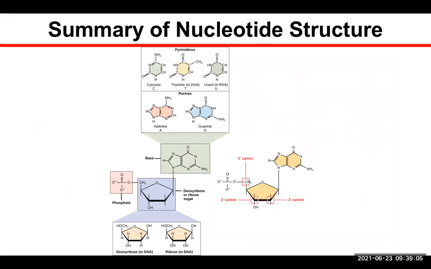For study purposes, I have this summary slide for you. It basically encompasses material that we went over yesterday and today, looking at the structure of the nucleotides and some of the key parts to where polynucleotides stick together, so 5' and 3' carbons, and highlighting the types of sugars that make them different.